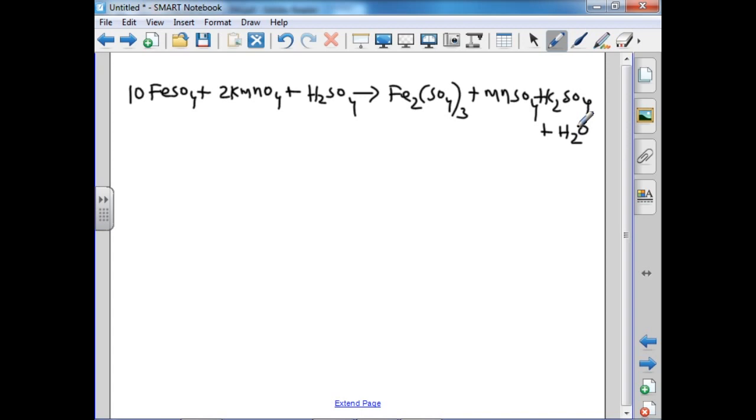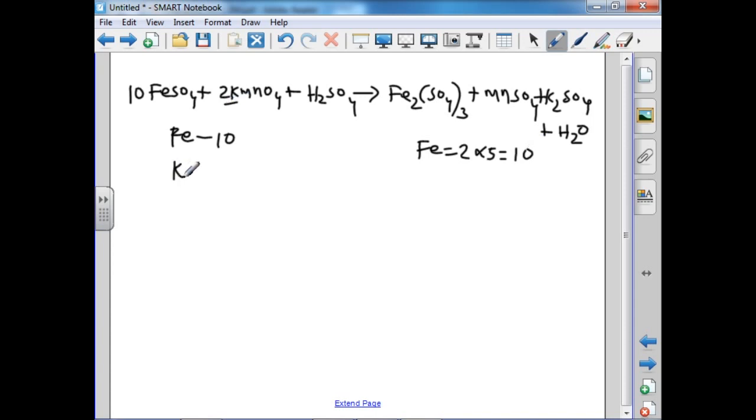Step 5. Balance the other elements except hydrogen and oxygen. So we have to calculate the number of atoms on the reactant side and product side. So Fe on the reactant side is 10, but the product side is Fe2. So multiply with 5 equal to 10. Next one, potassium.